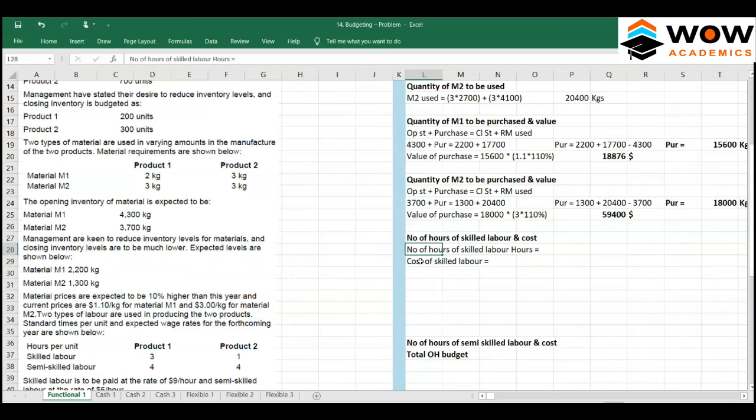So first we'll put the hours required. Skilled labor hours required is 3 hours for the first product, and 1 hour is required for this product.